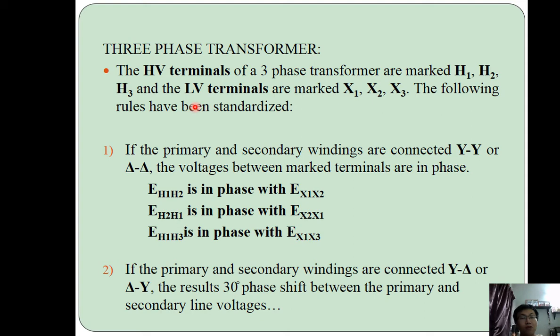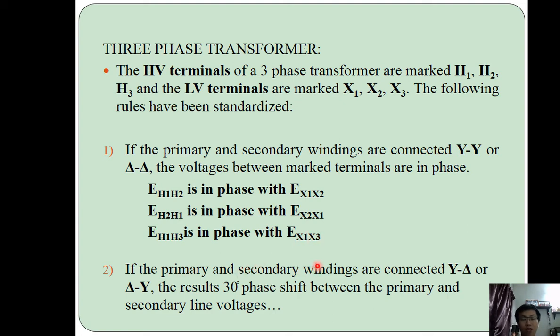Three-phase transformer. The high voltage terminals of a three-phase transformer are marked H1, H2, H3, and the low voltage terminals are marked X1, X2, X3. So if the primary and secondary windings are connected YY or delta-delta, the voltage marked terminals are in phase. So E H1-H2 is in phase with E X1-X2.